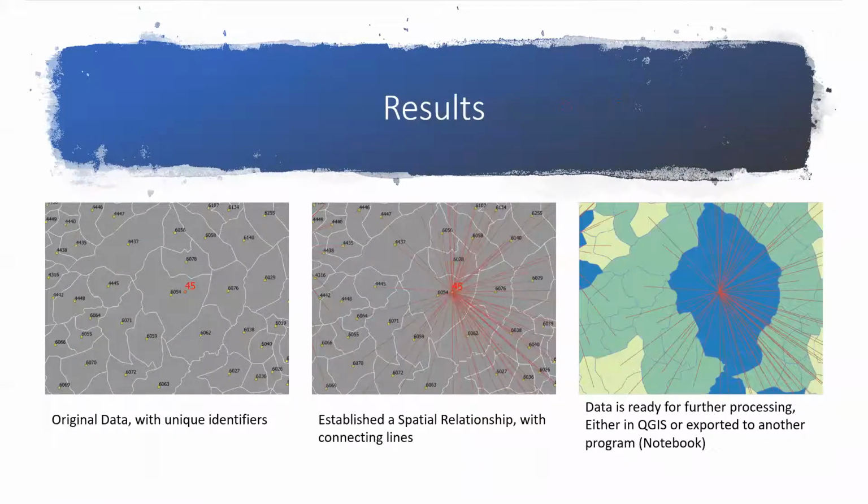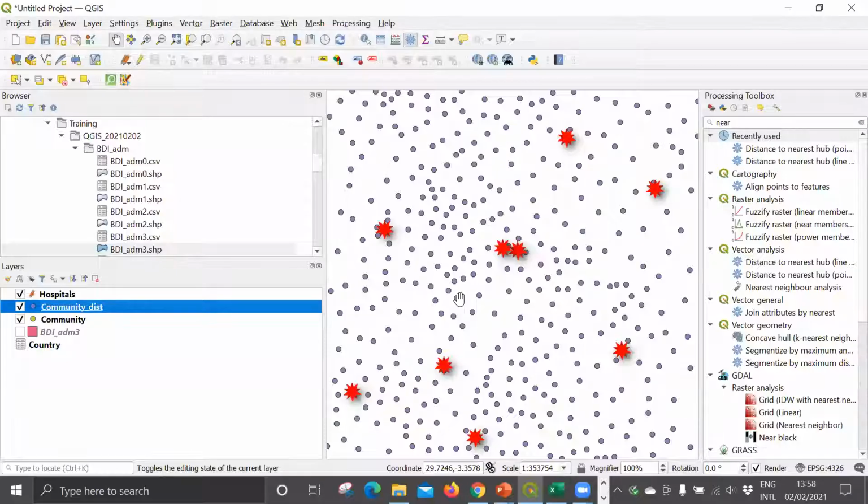And at the end, we will get this. This is the result that we want to see. So we went from the points with their unique numbers. We want to see those lines, and then we can do the further analysis when we have all the files together. So we go back to QGIS.